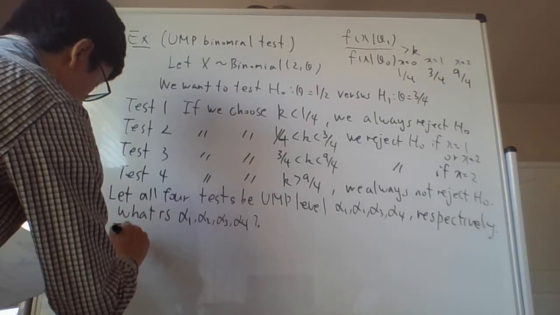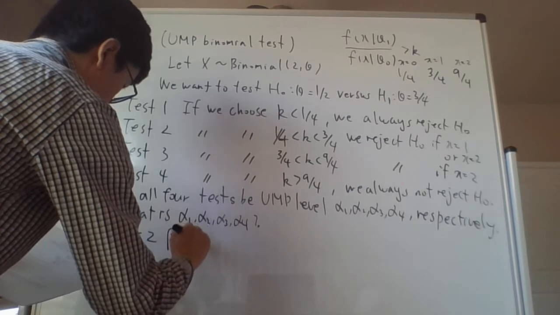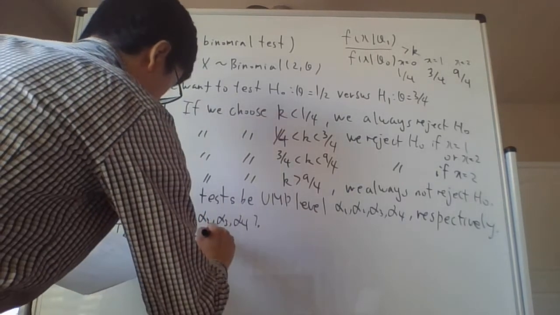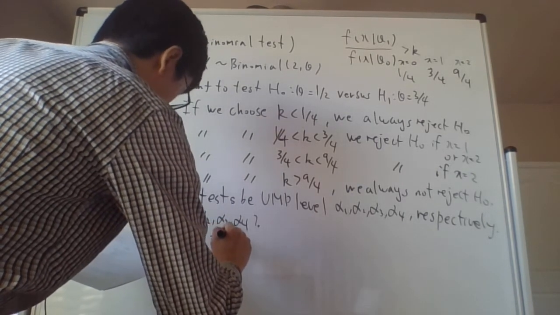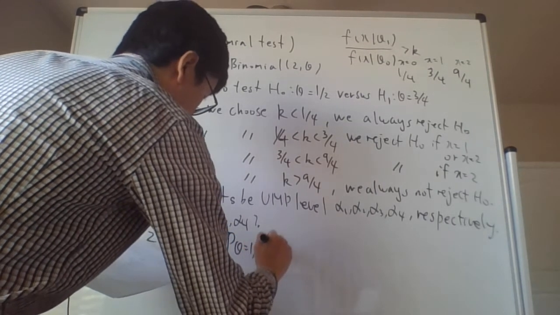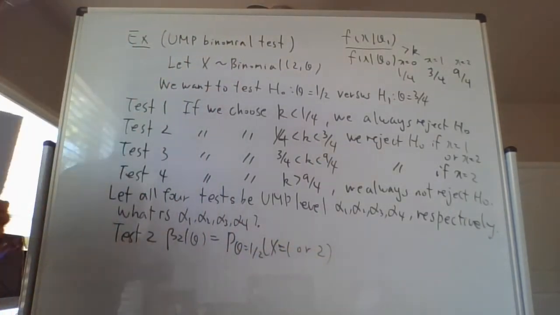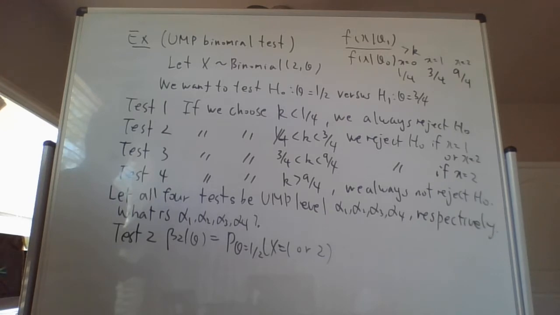And then test 2, this is the power function. We only reject when x is equal to 1 or 2, and then for the level we only consider the probability under the null.